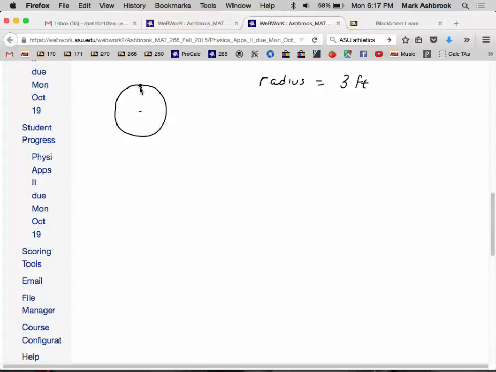Okay, so for this one, let's do it this way. And then for the next one, we'll do it the other way. So let's do a coordinate system like that. I'm going to make positive y going down and x like this. And we got a typical slice.